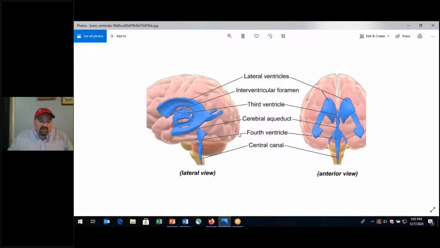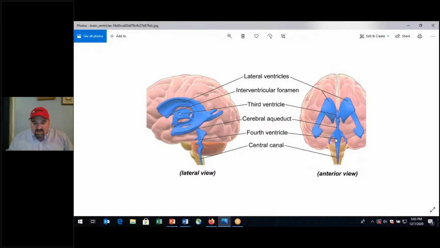But see here, here's the 3rd ventricle. Here's the 4th ventricle, and it would be anterior to the cerebellum, right? We have that cerebral aqueduct that you're not seeing here because we have these lateral horns. See the lateral horns here and here? Septum pellucidum, connecting in between the ventricles.